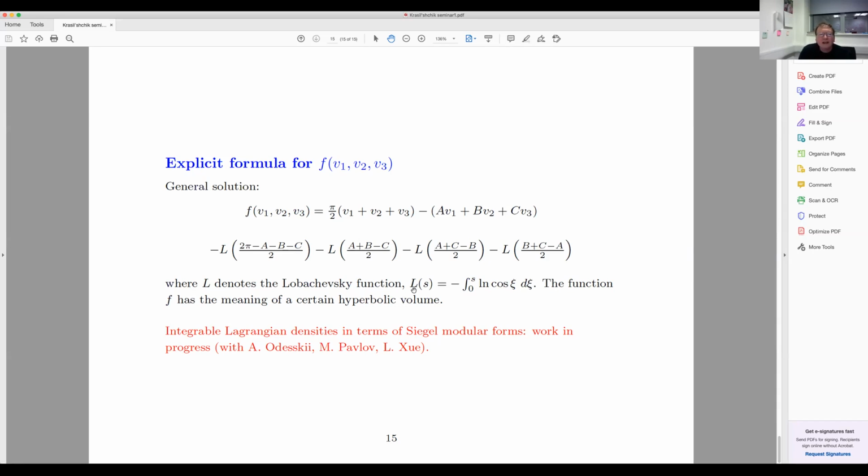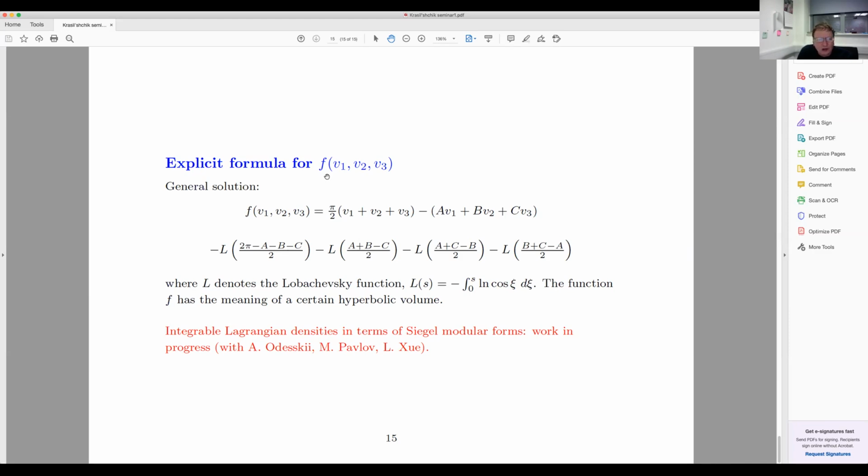So you see, the integrable Lagrangian density of this form is a highly sophisticated object, somehow related to hyperbolic geometry, and the reason for this is not yet clear. There must be some deeper relation why this is all related to hyperbolic geometry.